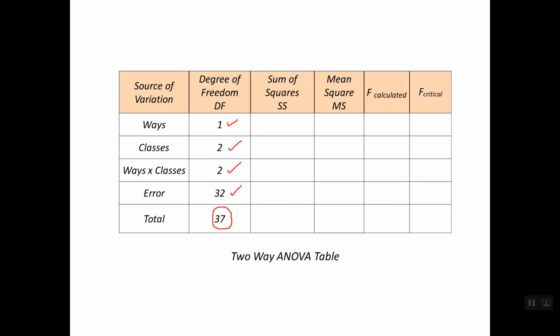Now what is needed is to calculate the sum of squares, which is simply abbreviated by capital SS.